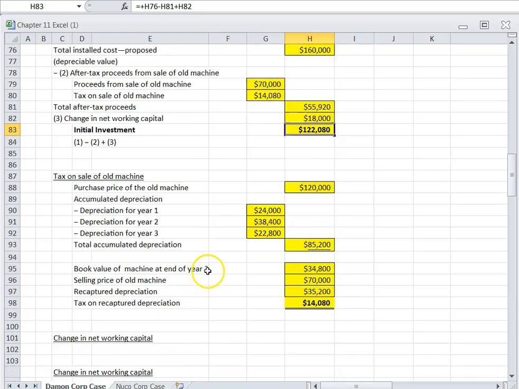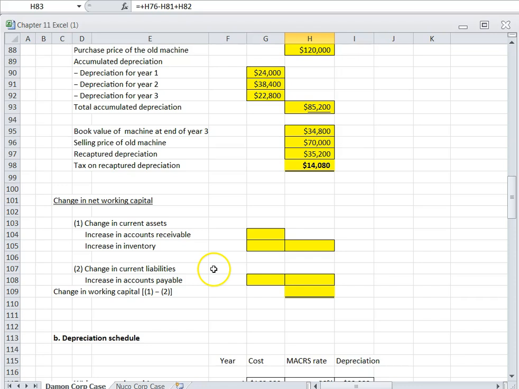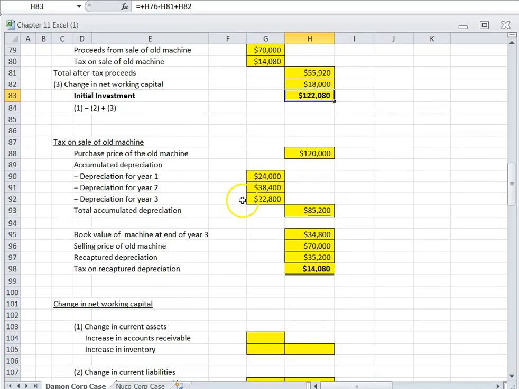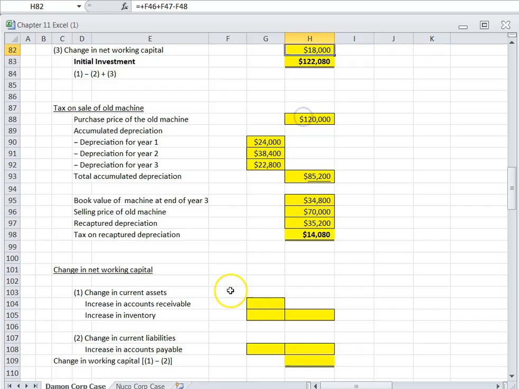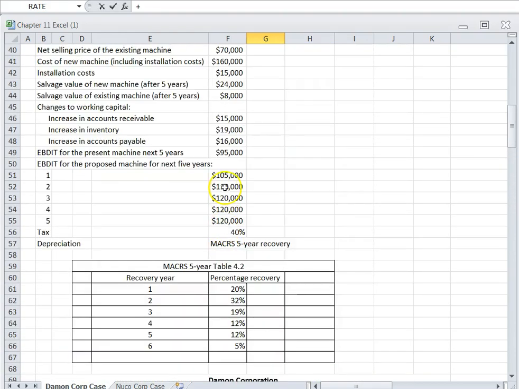Okay, so let's move on to the change in working capital. So to really reinforce the working capital number here, we can go down here and do a little schedule to make it a little bit more clear to you. I want to put in my accounts receivable as a current asset.